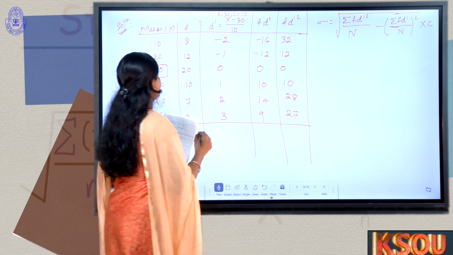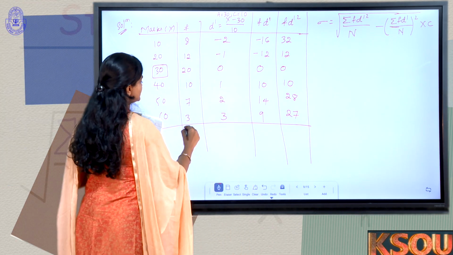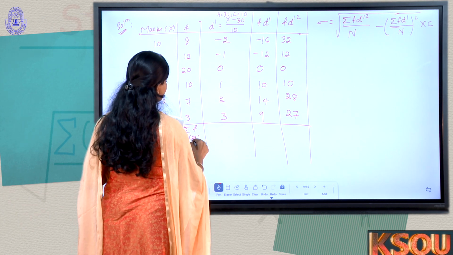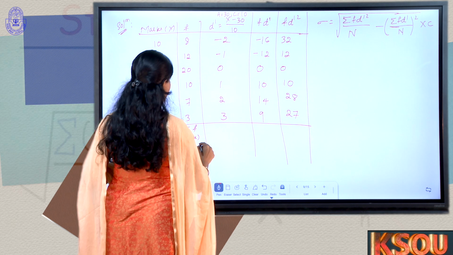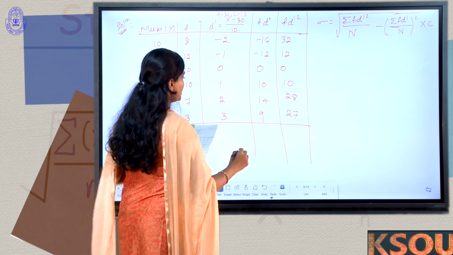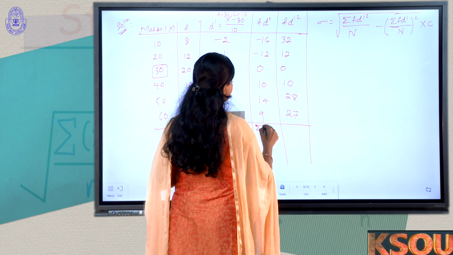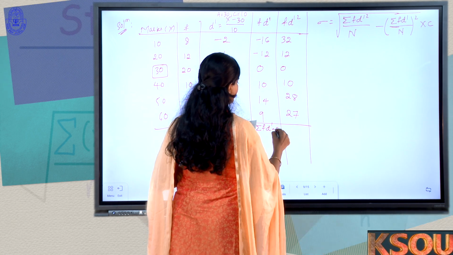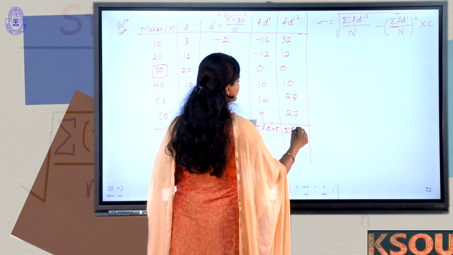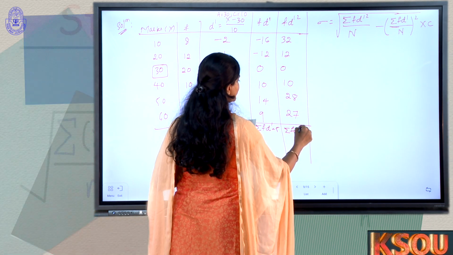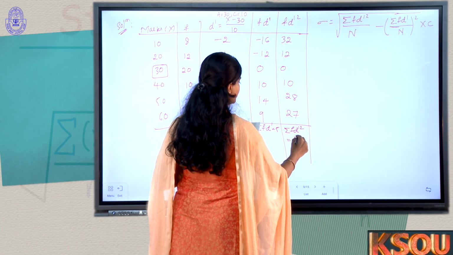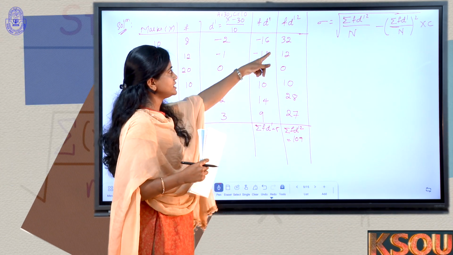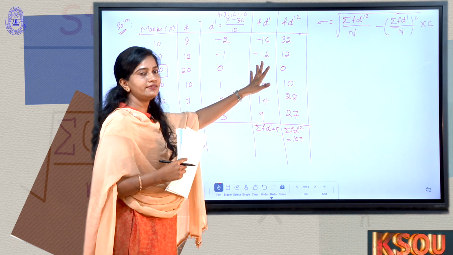So, you need to calculate the total value here, that is summation f, or you can say capital letter N, both are same, that is 60, and you will need to calculate summation FD dash, that is 5, and summation FD dash square, that is 109. After getting these values, you can easily calculate the sigma value, that is standard deviation value.